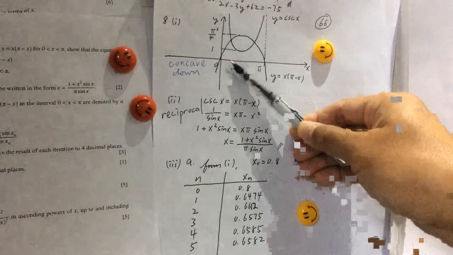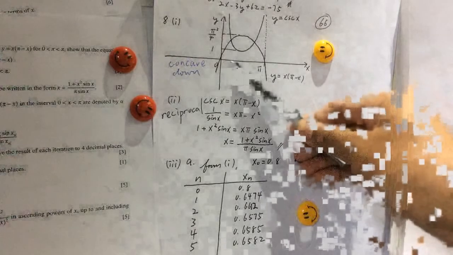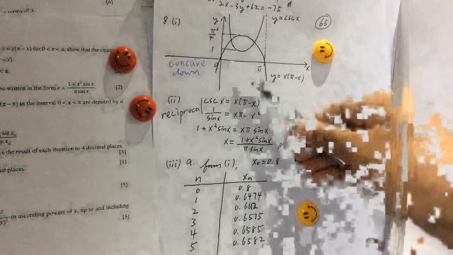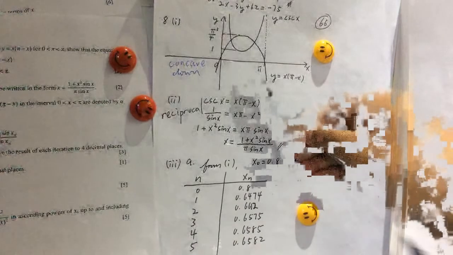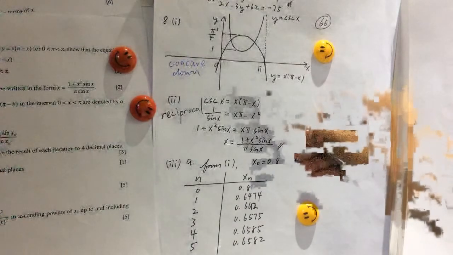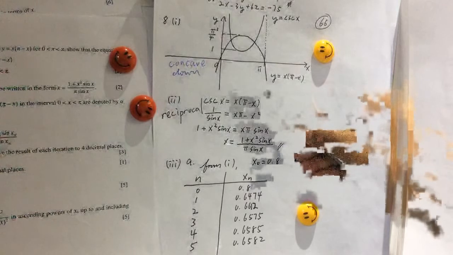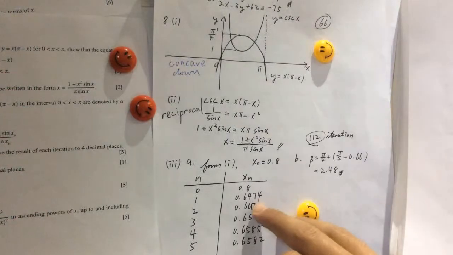So the question asks us the result of each iteration to 4 decimal places. You see? So I write down 4 decimal places here. When we got x2, put it back in the formula to generate x3, x4, and x5.